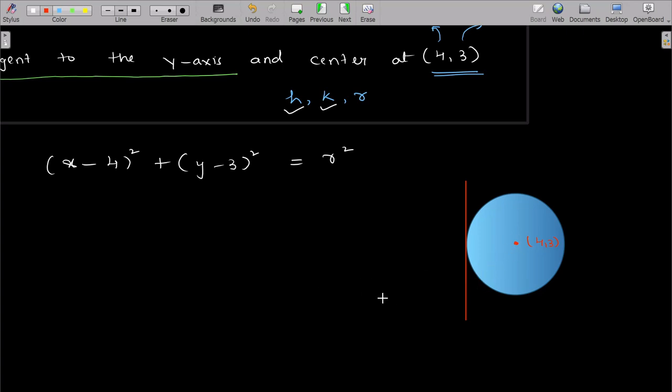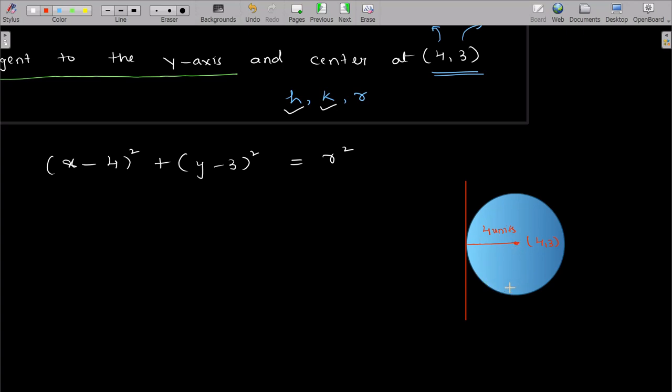Yes. All right. So I'm going to draw the x-axis as well. So this length, can I say that this length will be 4 units? Yes. And it is 3 units above the x-axis.